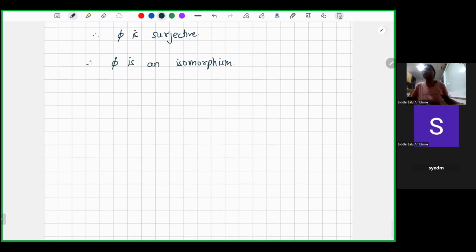And that's what we wanted to prove. So hence we get that this space W dash is isomorphic to U plus W dash quotiented by W dash. Is it okay?